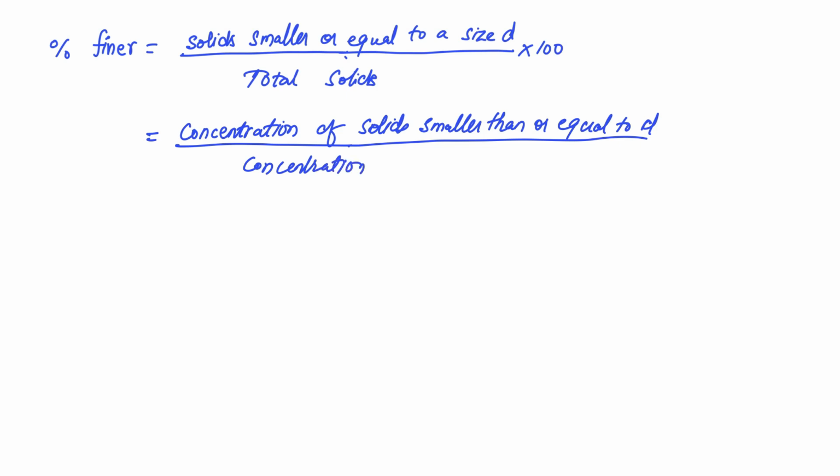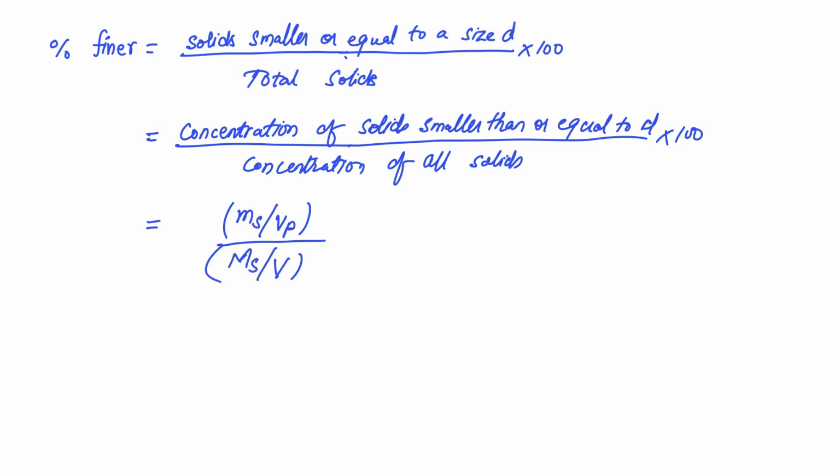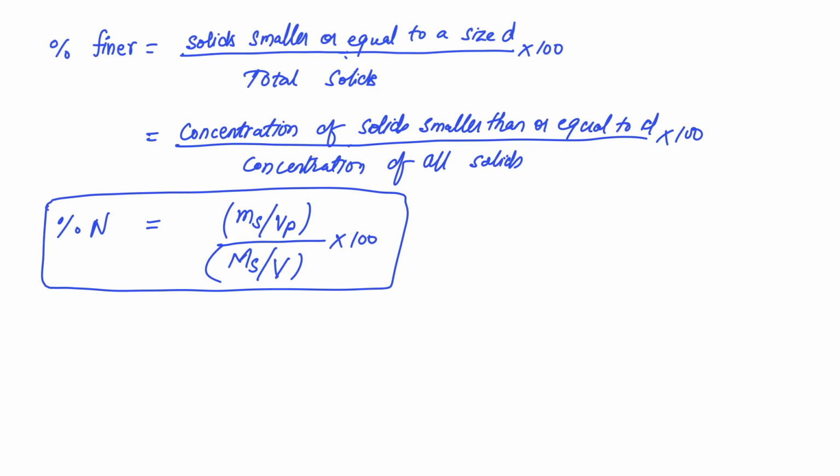What was the concentration of the smaller or equal solids? That was ms upon Vp, the concentration that I collected in the pipette. Whereas the concentration of all the solids was capital Ms upon capital V.